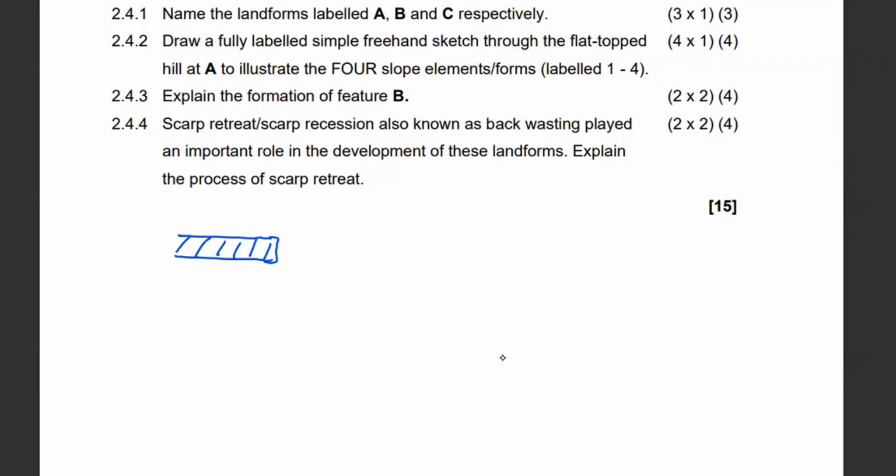From here, we have a sloping scale like this. Then going to the bottom, it's flat. Our number 4 is somewhere here, which is the crest.